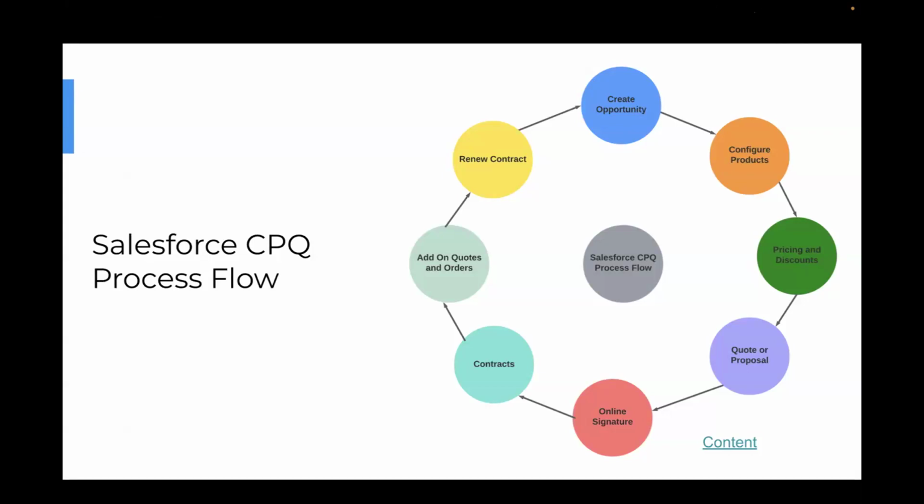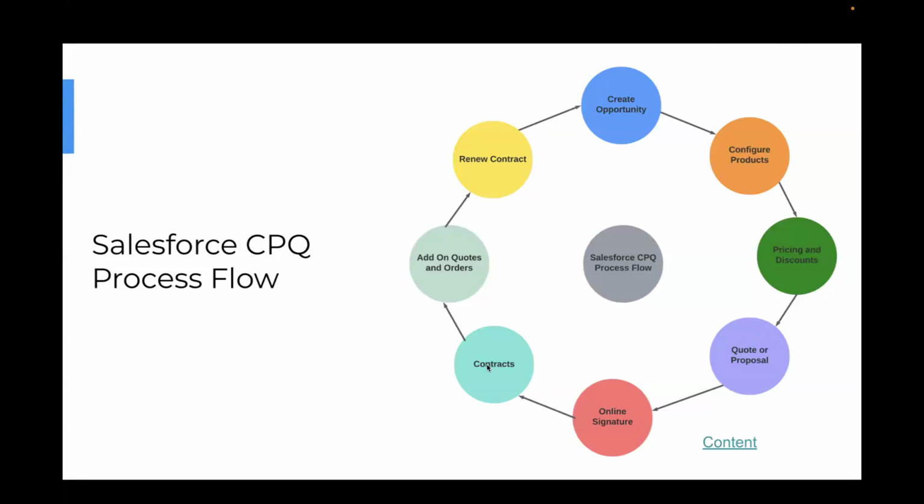Then from that particular opportunity, we are going to create a quote record. In that quote record, we are going to configure our products and add pricing and discounts. From that particular quote record, we are going to generate a quote document or a PDF document. That PDF document we are going to send to our customer to sign digitally.